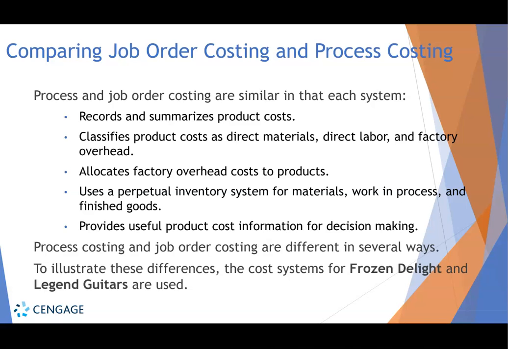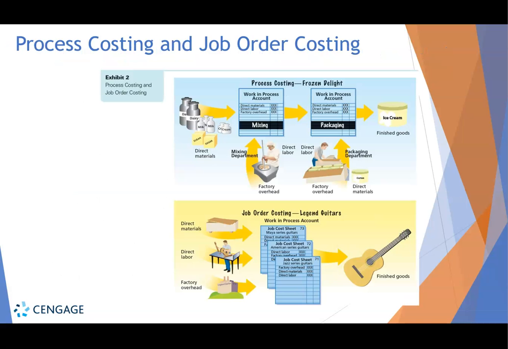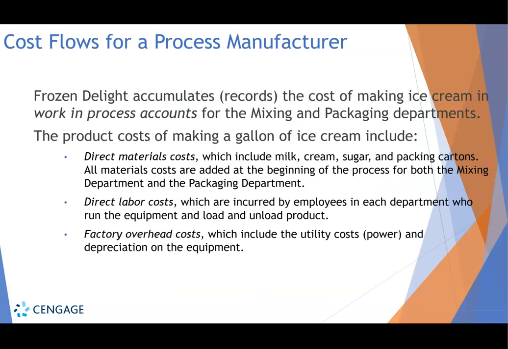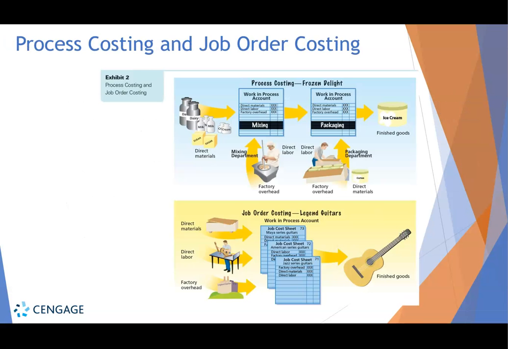To look at the differences, we're going to look at two companies. In this scenario, we're going to look at Frozen Delight, and then Legend Guitars. We've talked about Legend Guitars previously, and they use the job order costing system.